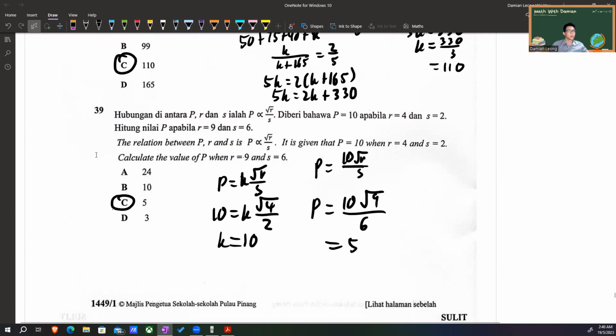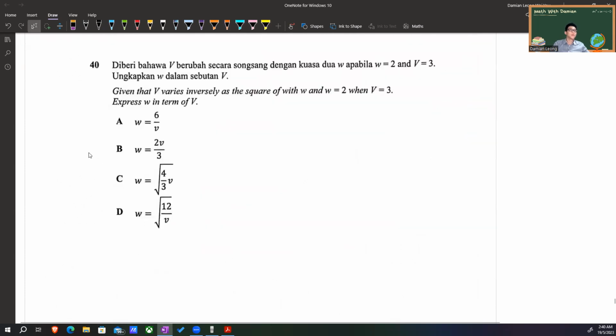Okay. Question 40. Given V varies inversely as the square of W, and W is 2 when V is 3. Express W in terms of V. V varies inversely, which means varies with 1 over, so V equals K over the square of W, meaning W square. Okay, so sub in V and W. 3 equals K over 2 square. 3 equals K over 4.